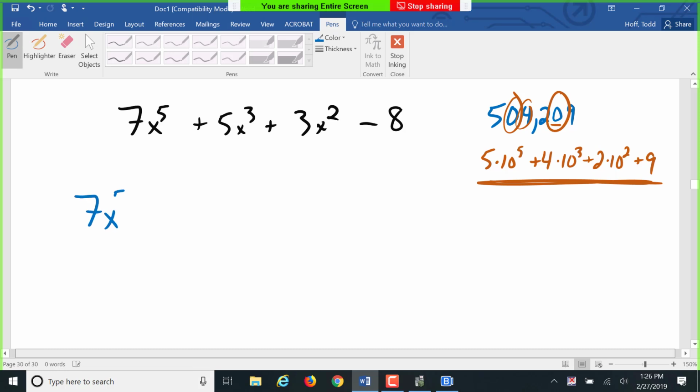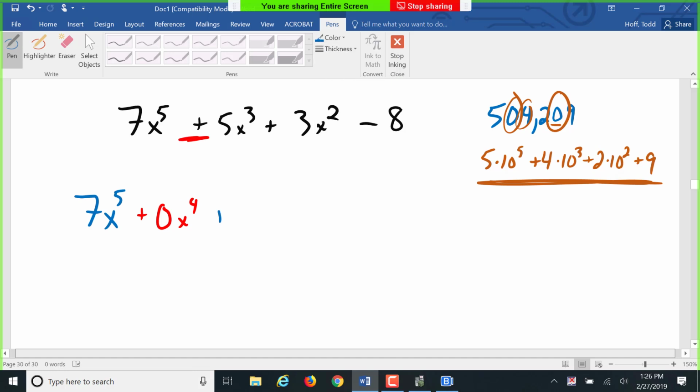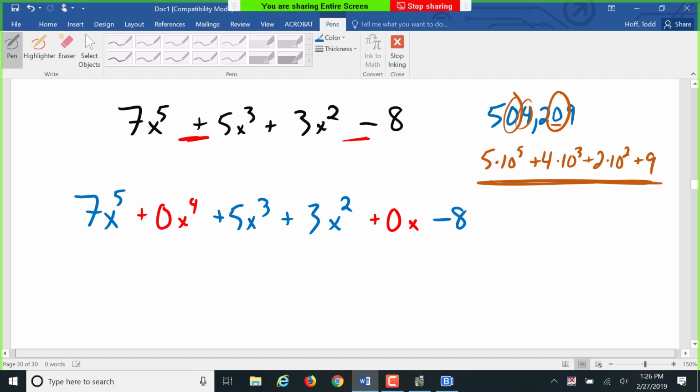So I start out with the 7x to the 5th, but I have to slip in here a 0x to the 4th because there is no x to the 4th up here. I have a positive 5x to the 3rd, the positive 3x squared. Again, there is no x to the 1 or x up here, so I have to fill in 0x, and then the negative 8 ones.